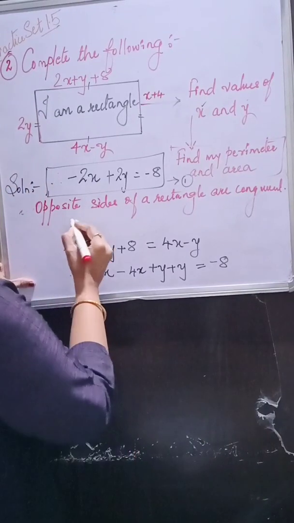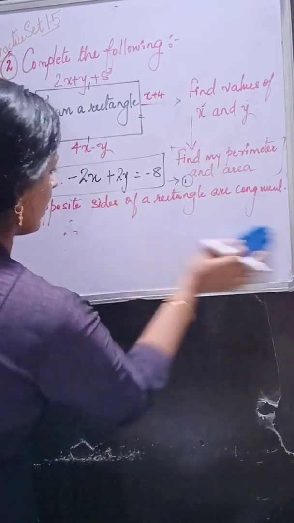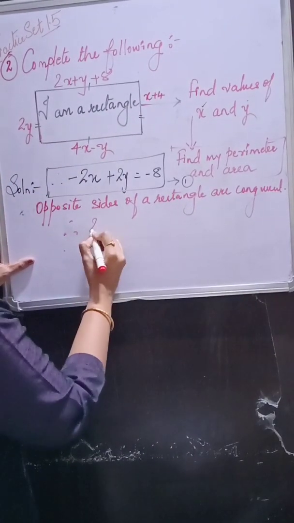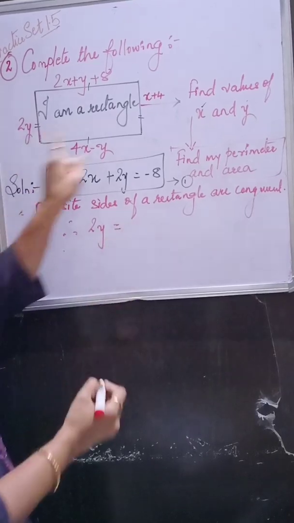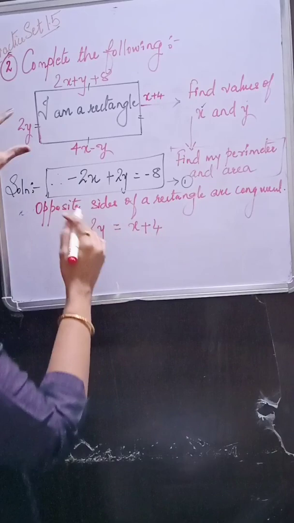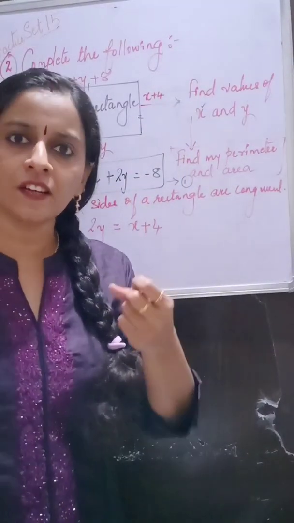Write and keep. Now talk about the next two opposite sides. You have 2y is equal to, which is your opposite side? x plus 4. So this and this will be the same because opposite sides in a rectangle are congruent.